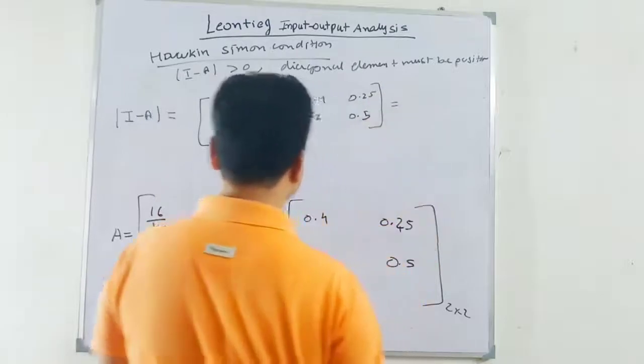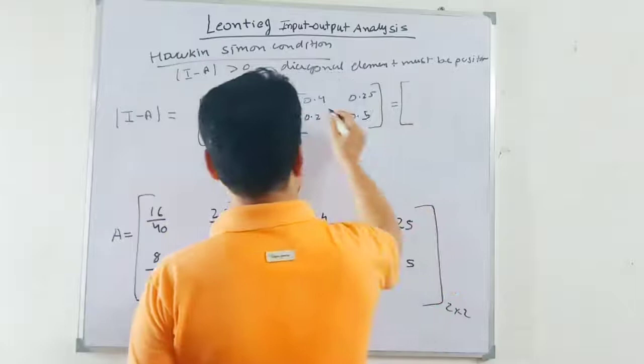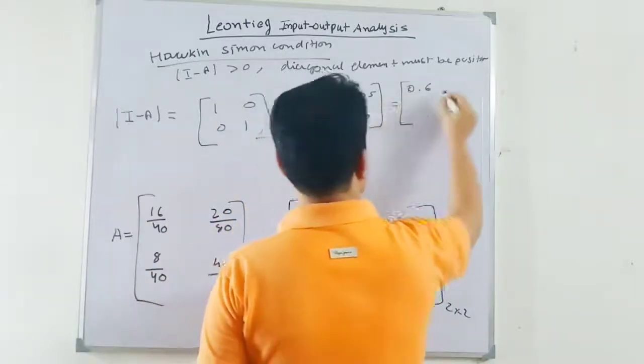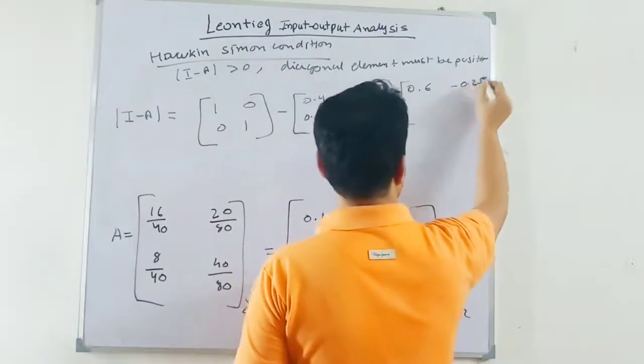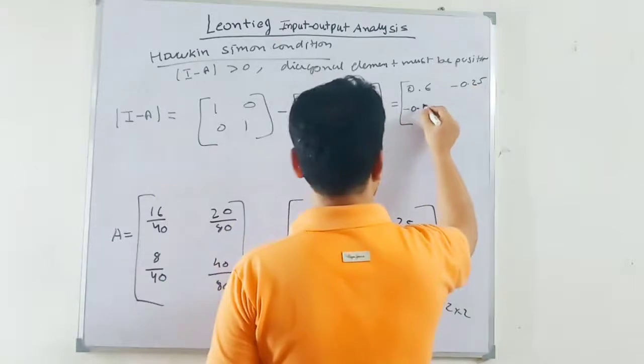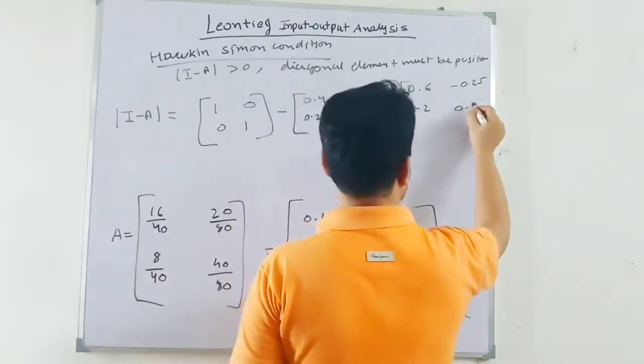So you will get 0.6, minus 0.25, then minus 0.2, then 1 minus 0.5 is 0.5.